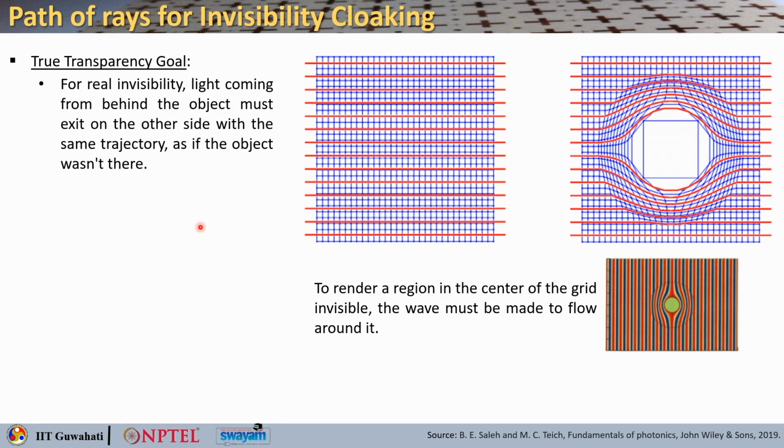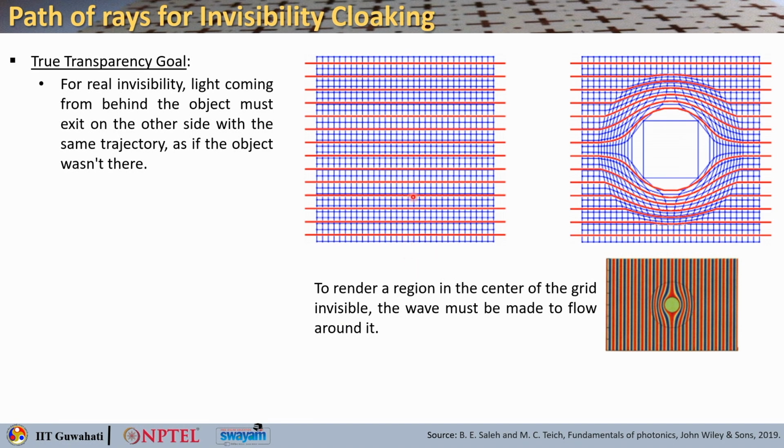Our true transparency goal is that to achieve real invisibility, light coming from behind the object must exit the other side with the same trajectory as if the object is not there. This is the way the parallel rays are before entering the object, and this is how they should exit.